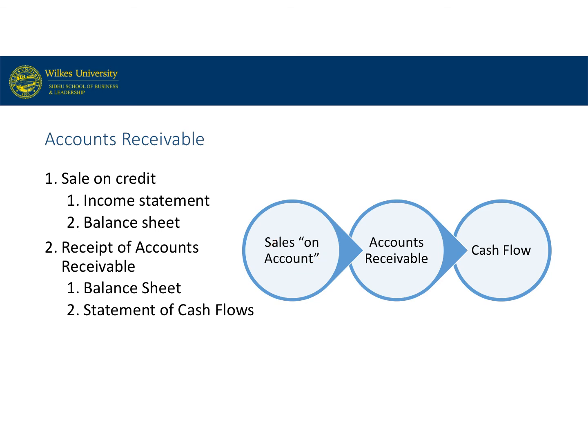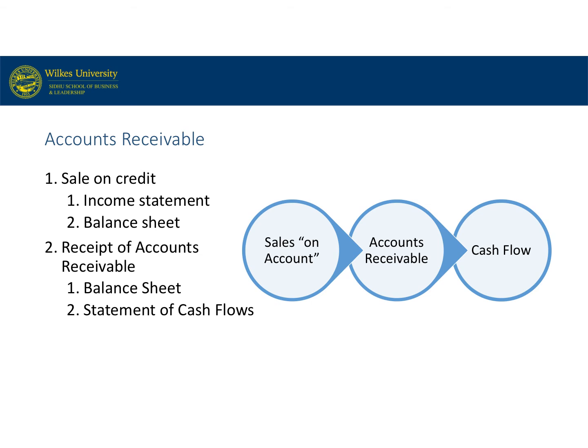At the point of the sale, the customer owes the money, and an accounts receivable is created. Receivables are generally due within 30 days, so they're a very liquid asset. And at this point, sales is on the income statement, and accounts receivable is an asset on the balance sheet.